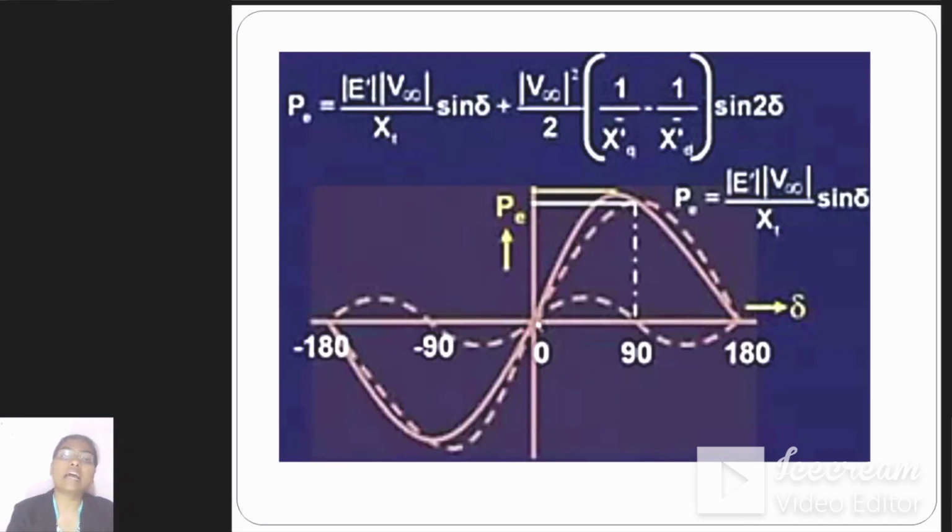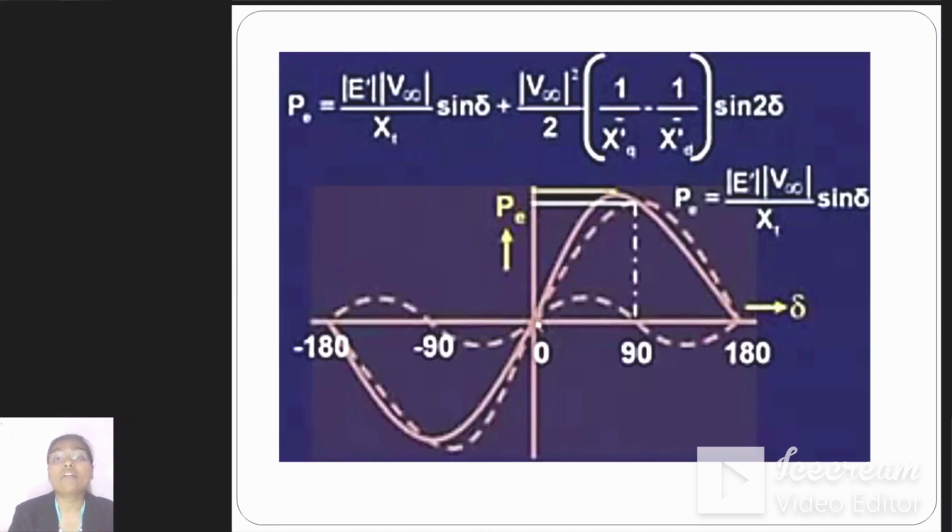Now, suppose at 90 degrees we increase the mechanical input by a small amount. Till 90 degrees we have increased the mechanical input and the electrical output has also increased. At 90 degrees, we are further increasing the mechanical input. Then by a small amount, the delta angle will also increase.